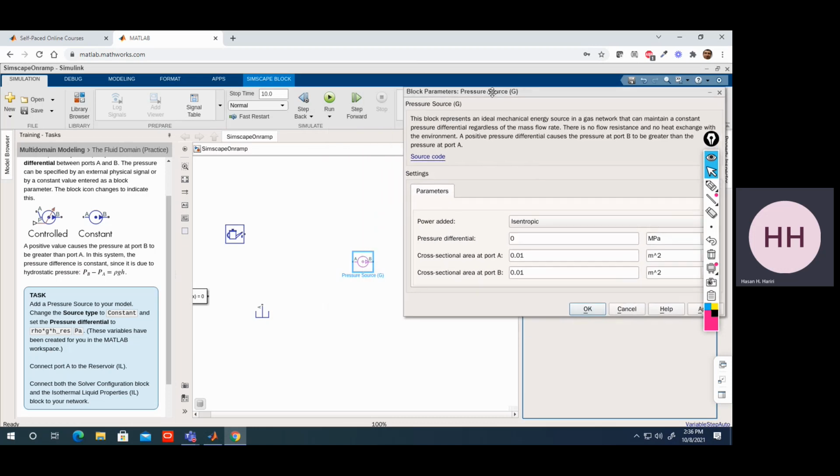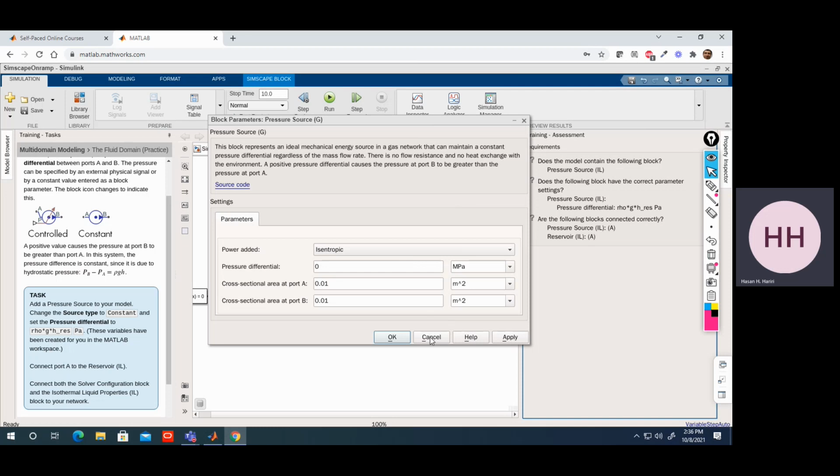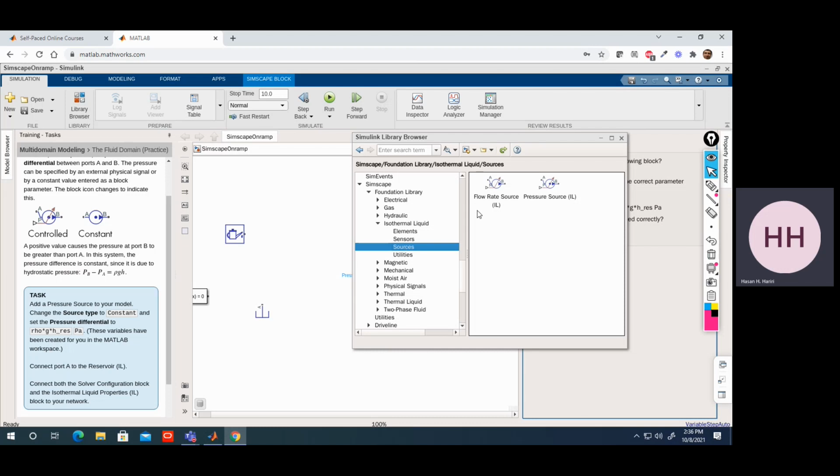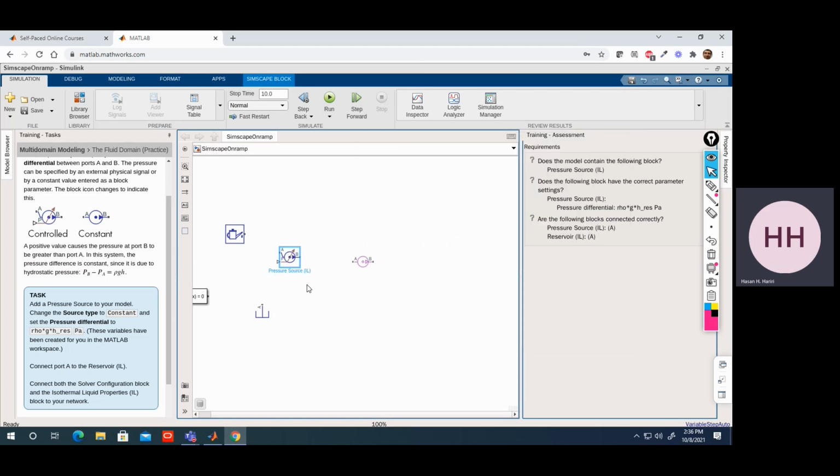It has port A and port B. Is it the pressure source that I want? Let's make sure that's the one, or maybe there is another one. If I go to sources, it seems just the pressure source that I want. This is the one: IL, not G, isothermal liquid. Good, that's what I'm looking for, and not this one.